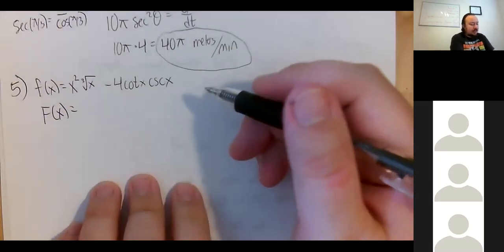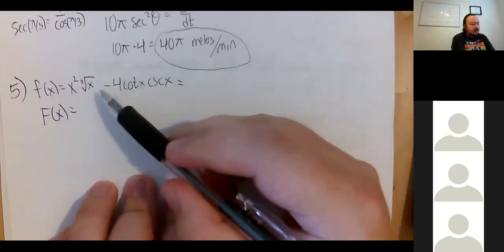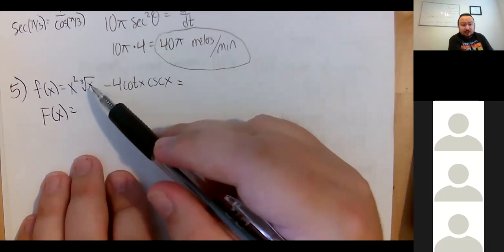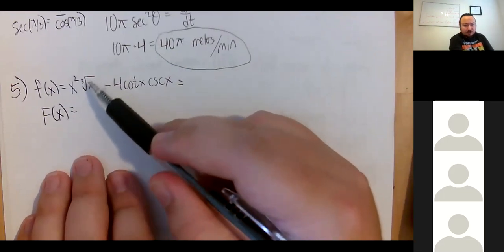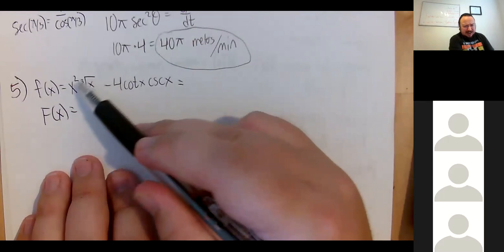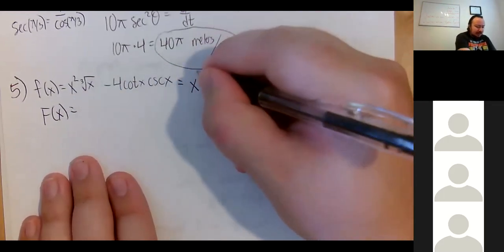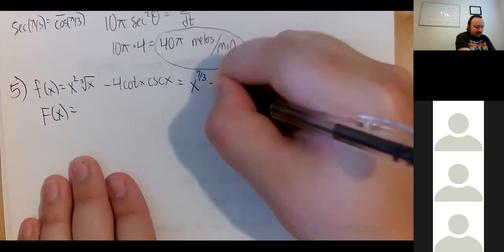Let me write this a little differently. x squared times the cube root of x, this is x to the 1/3, right? I can add my powers together because they're being multiplied, and I get x to the 7/3.